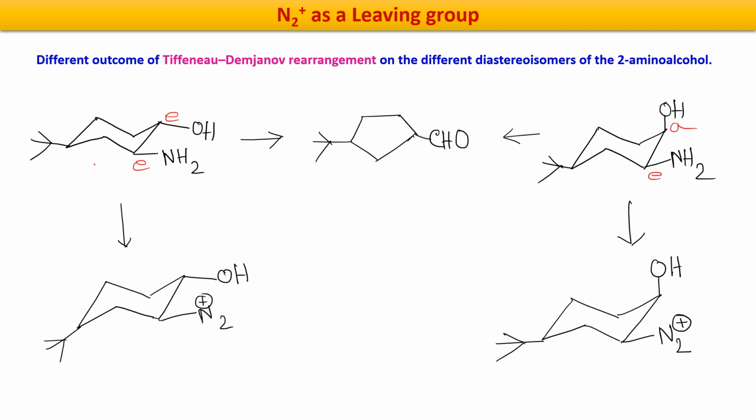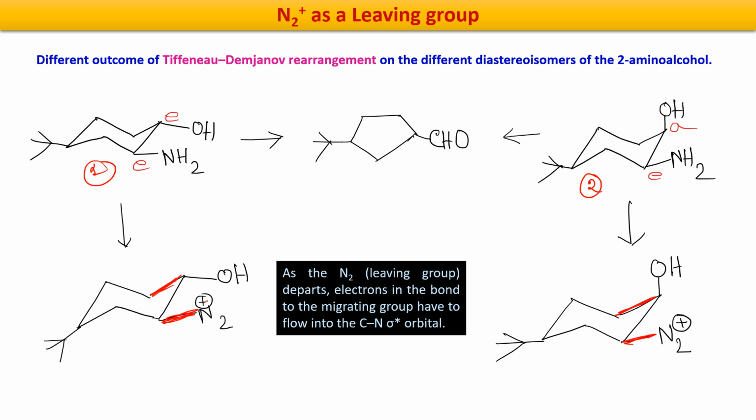So this is molecule 1 and this is molecule 2. So from molecule 1, obviously NH2 is converted to N2+. Now this bond and this bond, just do the same thing in the other molecule also, that is the second molecule. So these two are in anti-periplanar position. So what happens here? This is the bond which will be migrating, and this C-N bond will be broken.